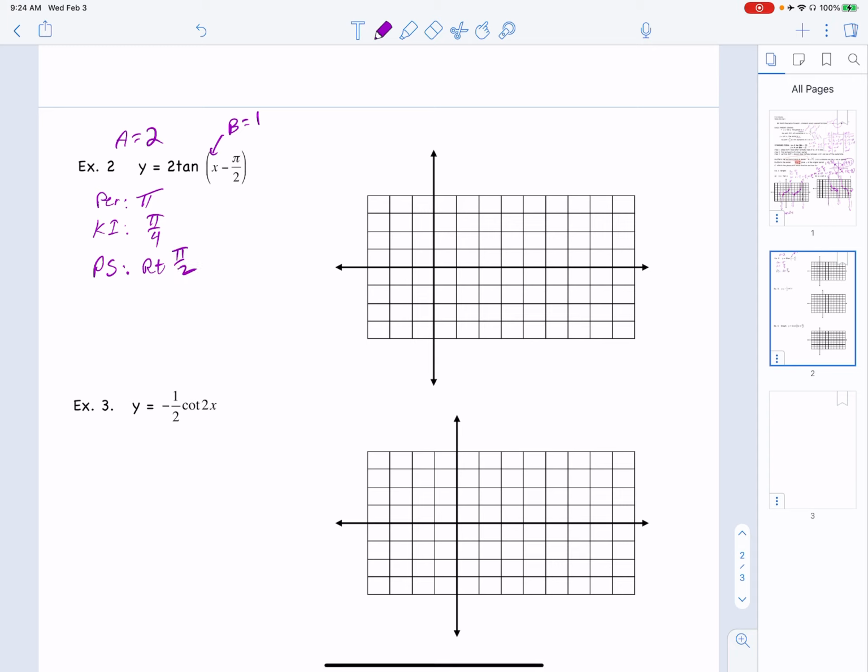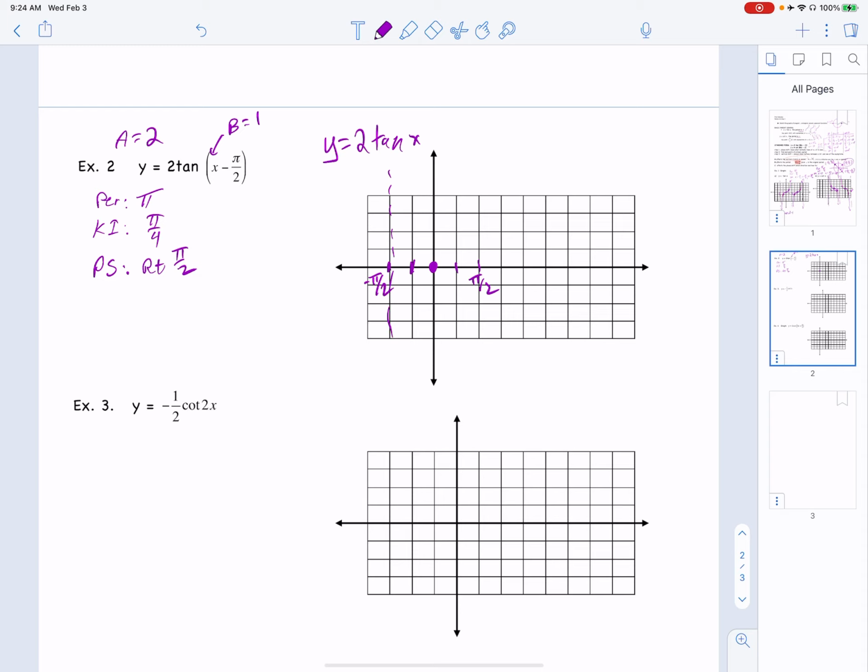So let's look at this before phase shift. If this was y is equal to 2 tangent of x, I would take my period, remember it would be at 0, 0, and then my key increments is pi 4, so this is a negative pi halves. This is a positive pi halves.